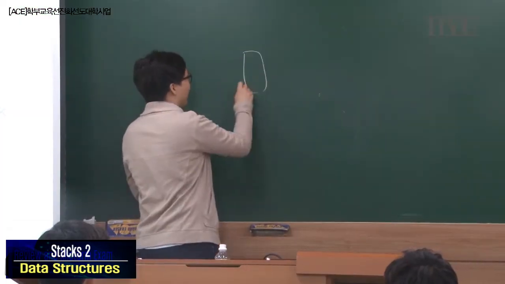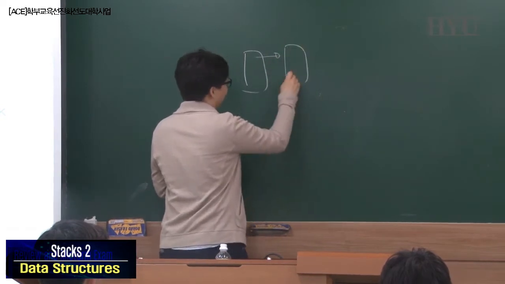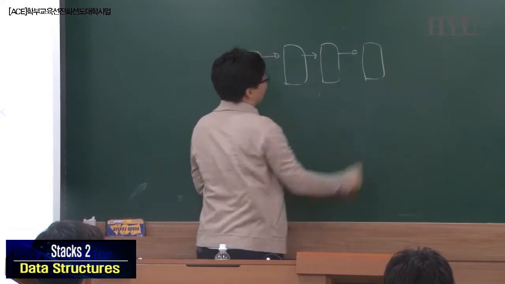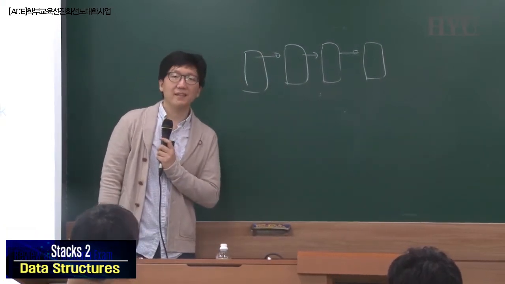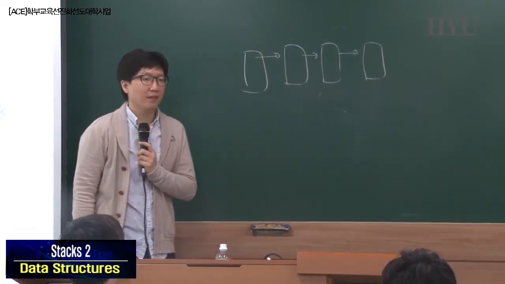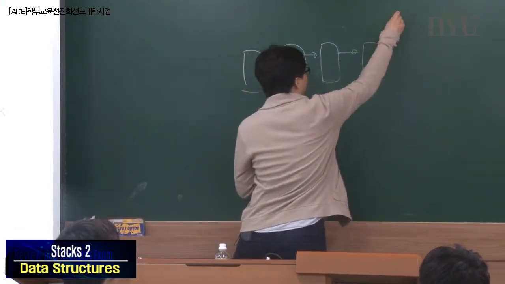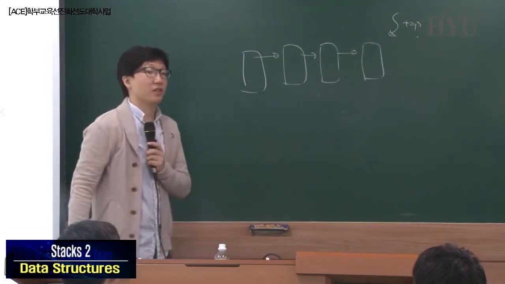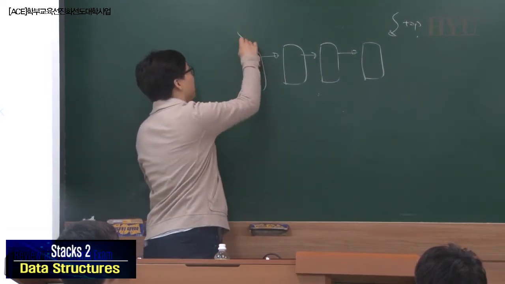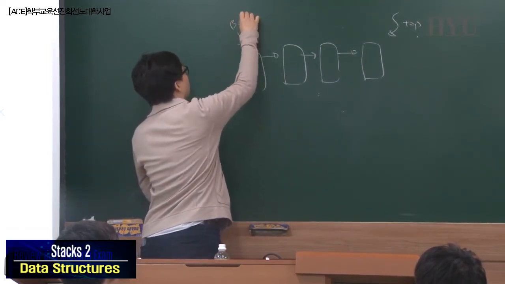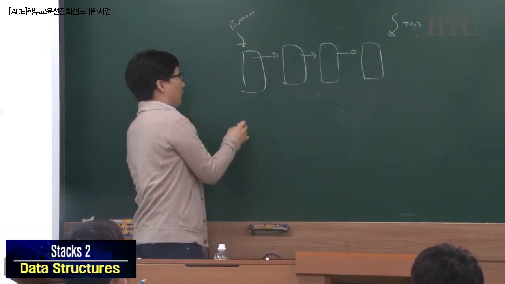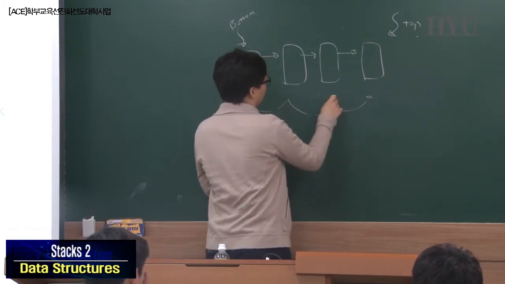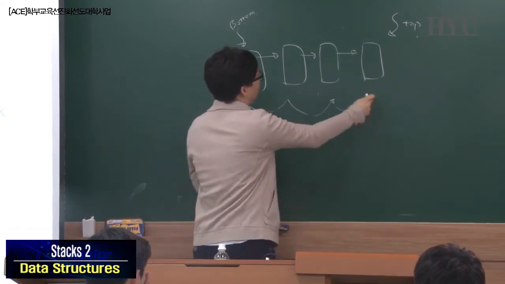Linked list. The problem comes with which end is top and which end is bottom. If I put this end as the top, I need to add an element to the bottom, based on the definition of stack. So in order to add an element, I have to go 1, 2, 3, 4.